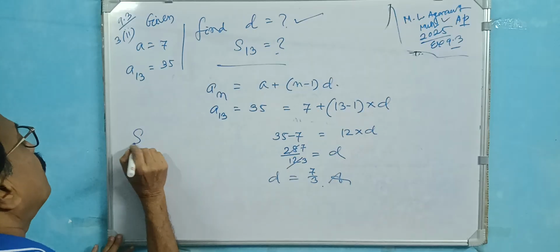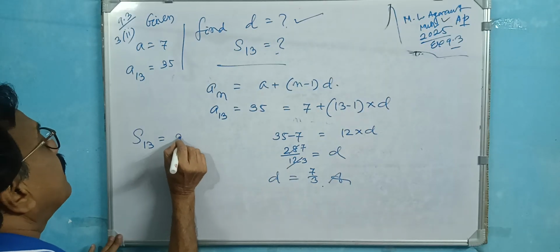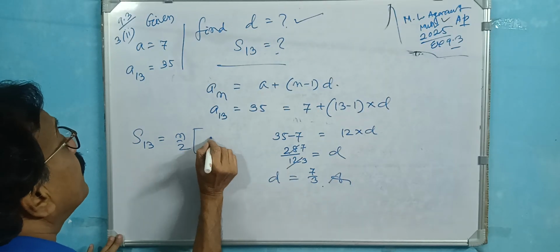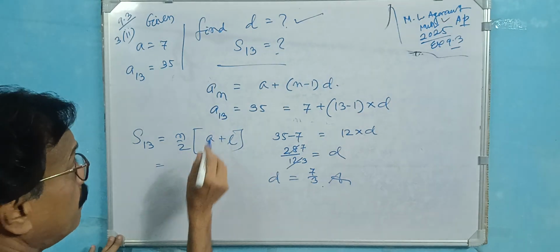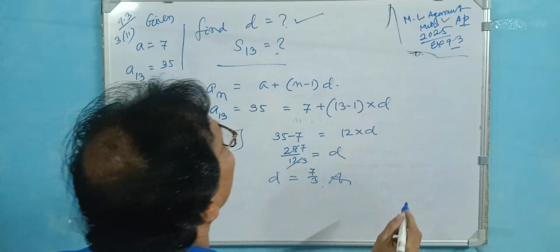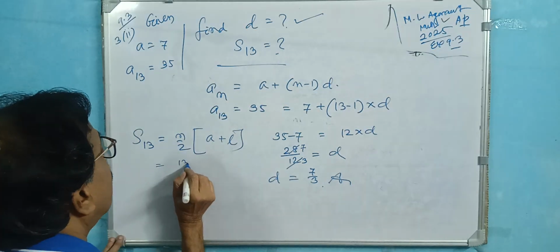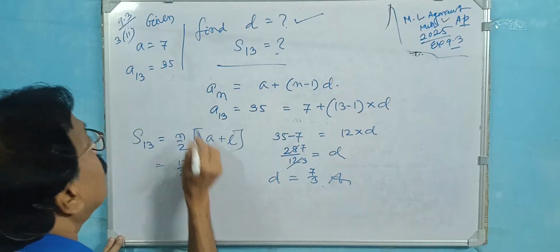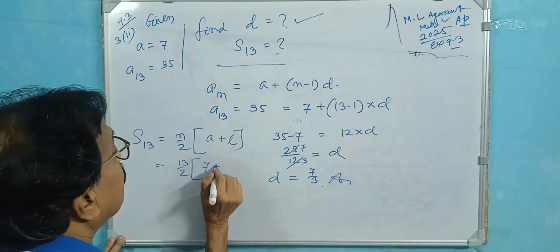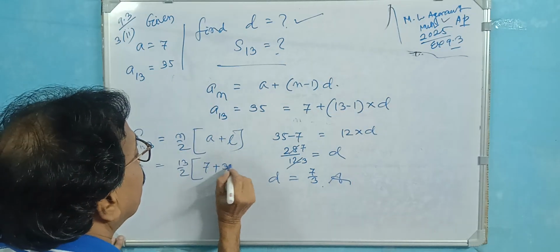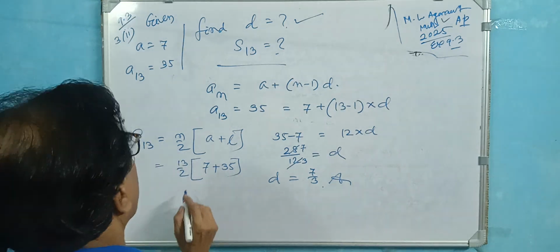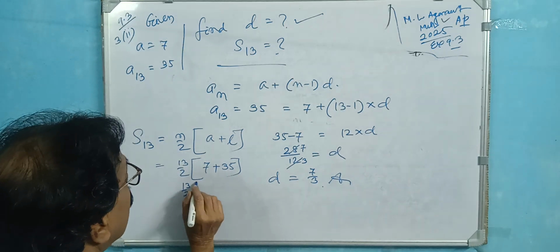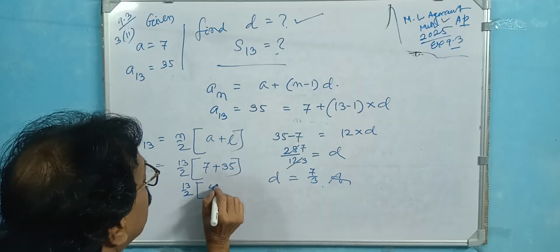And what is the value of S13? That is n by 2 bracket a plus l. n by 2, n is 13, so 13 by 2. What is the value of the first term? 7. What is the value of the last term? Actually 35. So this is 13 by 2 into 42.